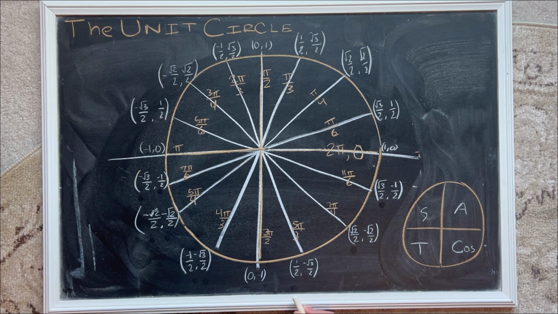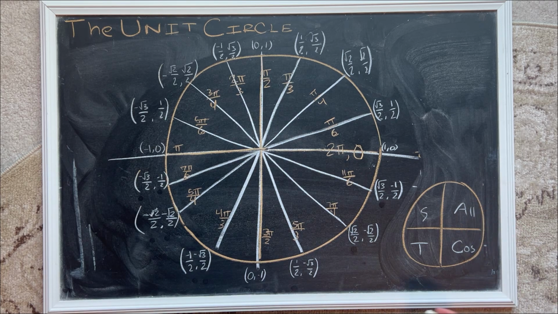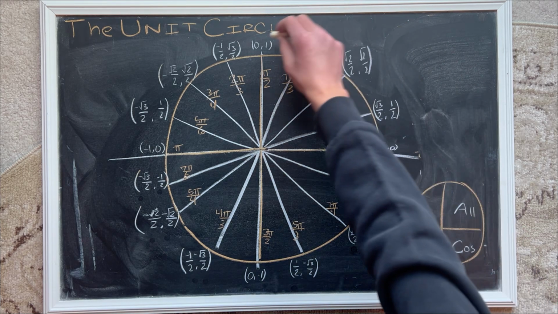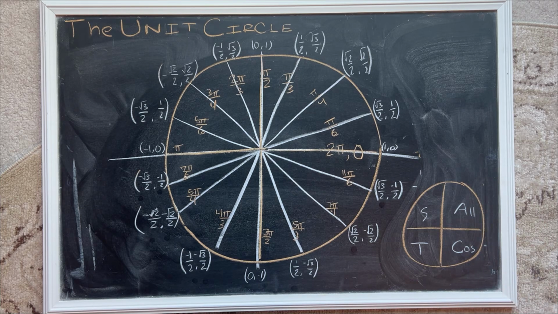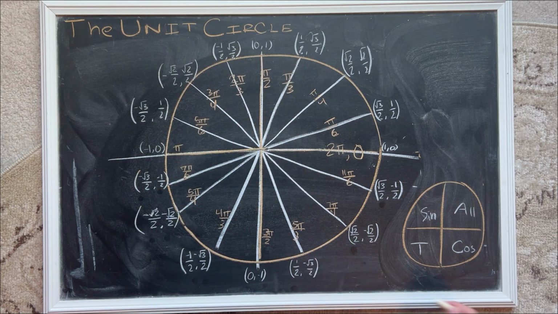So we look here. Cosine's our x value. We have 1/2, root 2 over 2, and root 3 over 2. All positive. And then A is all. All the trig functions are positive because everything's positive in the 1st quadrant. And then in this quadrant we have sine. Sine's our y value. We're looking over here. All of our y values are positive.